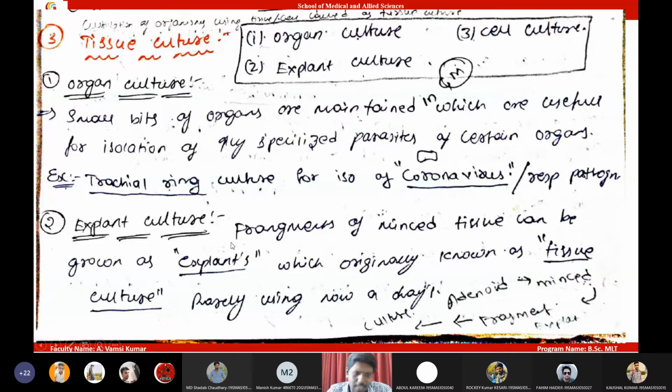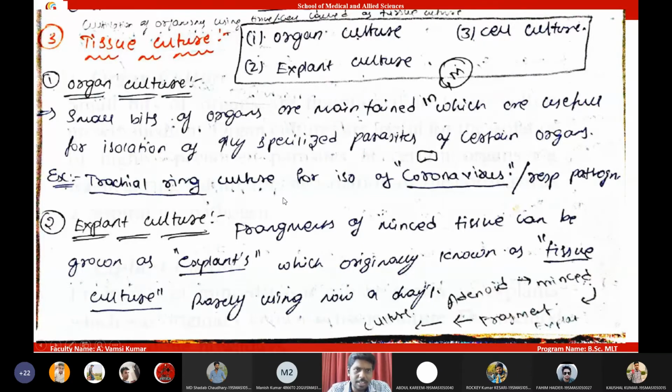Okay. Then explant cultures. Explant cultures means fragments of tissues will be grown as explants. That means we will take a small tissue fragment and grow it in a laboratory, in a petri dish. This fragmented tissue growth is called explants. We can use explants for the cultivation of viruses.